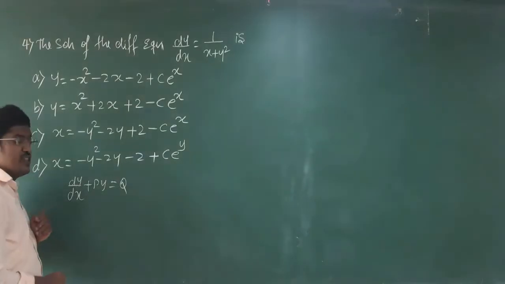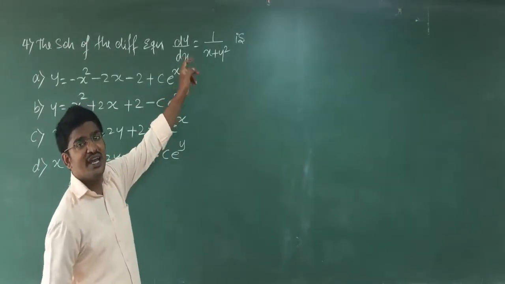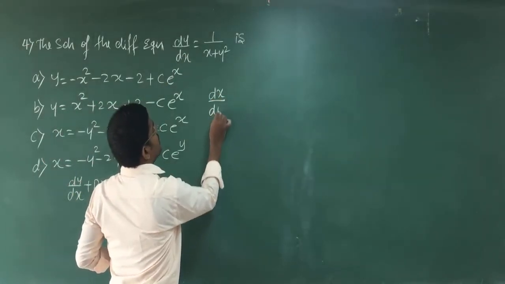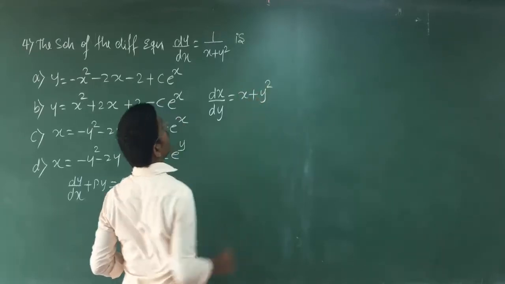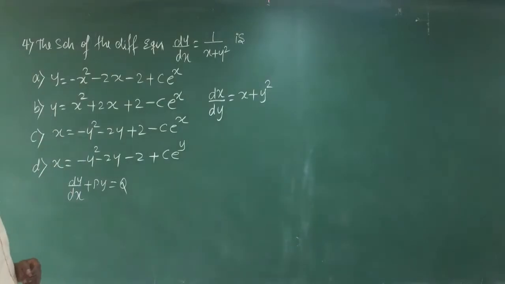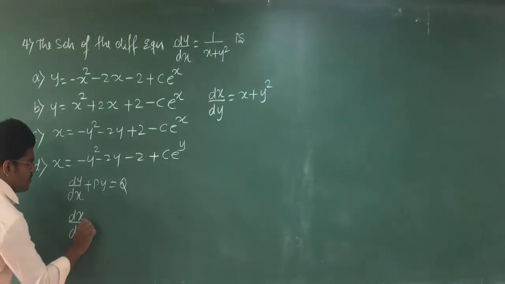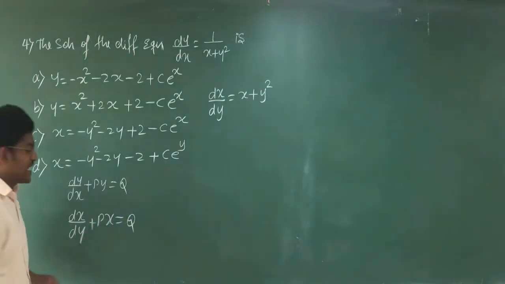Clear? So for that reason, you can write this differential equation as dx by dy equal to x plus y square. Are you clear? So now you can bring it to the form dx by dy plus px equal to q, the second form.